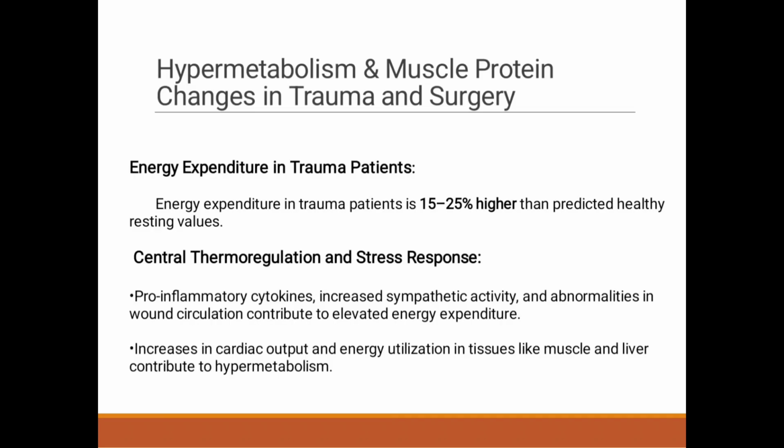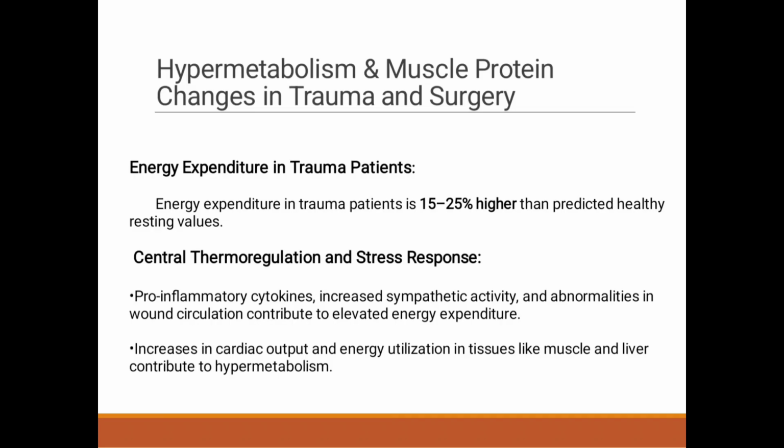This slide shows that the energy expenditure in a trauma patient is about 15 to 25% higher than the predicted healthy resting values. This shows the importance of nutrition in a surgical patient who is already expending more energy than his resting values. The pro-inflammatory cytokines, increased sympathetic activity, abnormalities in wound circulation all contribute to the elevated energy expenditure.